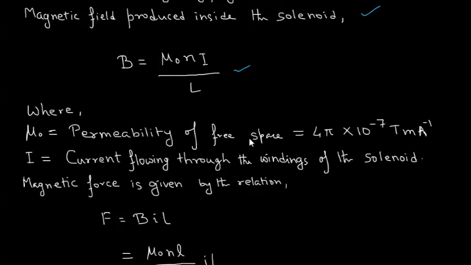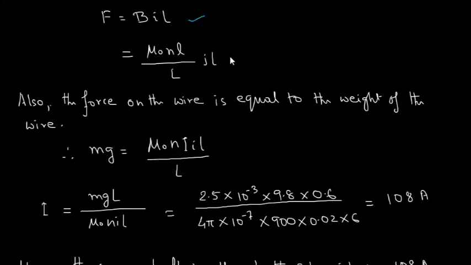Magnetic force is given by the relation F is equal to B I l. Putting the value of B, we get mu naught N i upon L multiplied by I l.